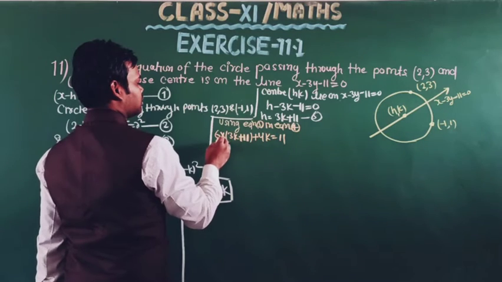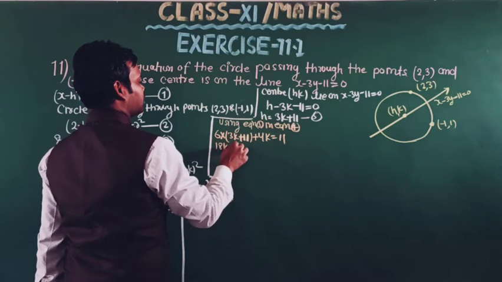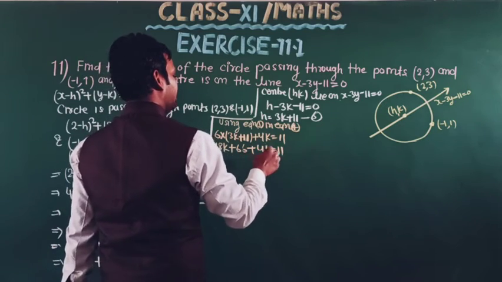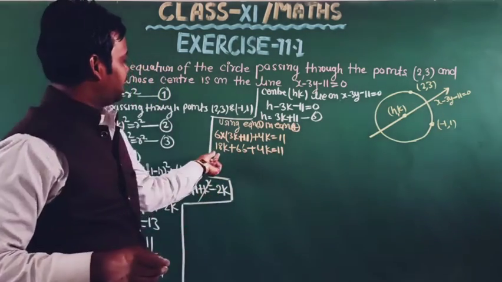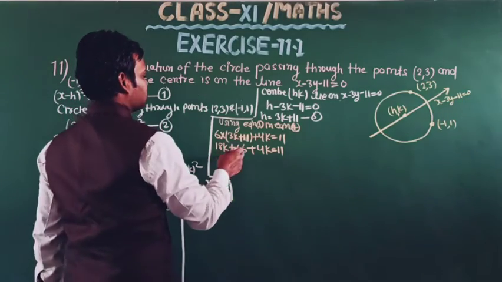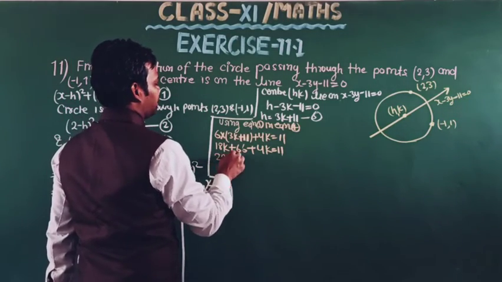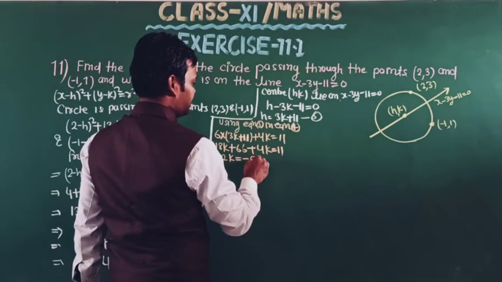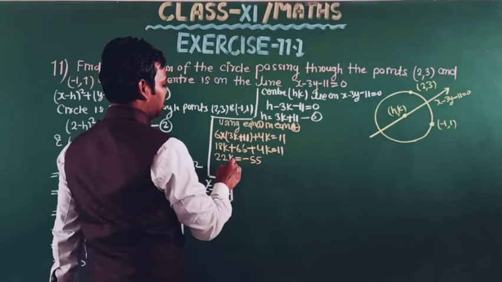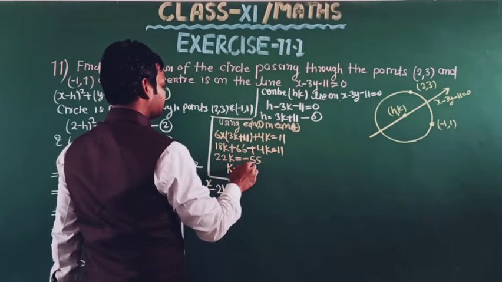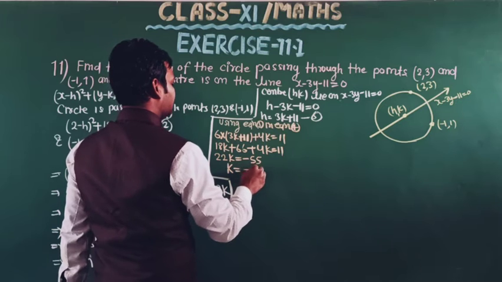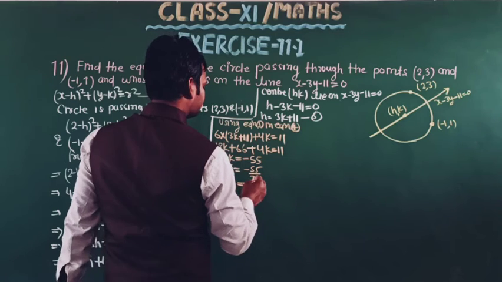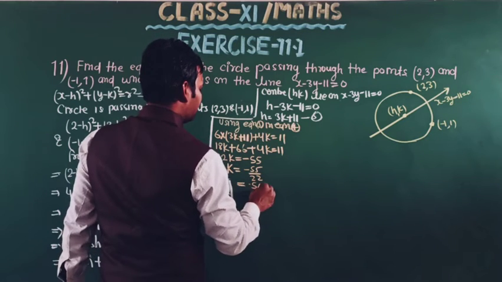So this is 18k plus 66 plus 4k equals 11. Here 18k plus 4k will be 22k equals minus 55, and here k becomes minus 55 by 22, equal to minus 5 by 2.